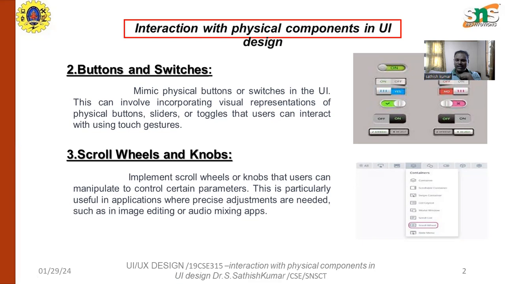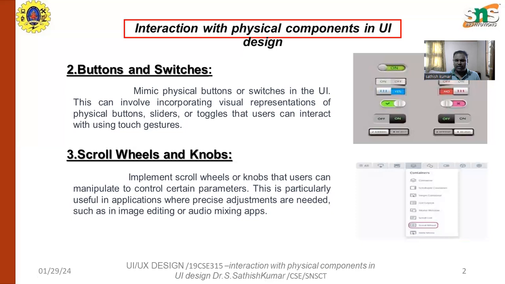Next one is scroll wheels and knobs. So implement these scroll wheels or knobs that users can manipulate to control certain parameters, particularly for adjustments, such as in image editing or audio mixing apps.